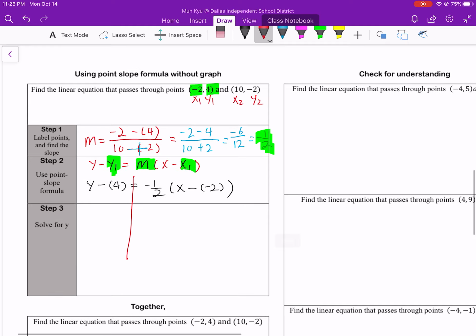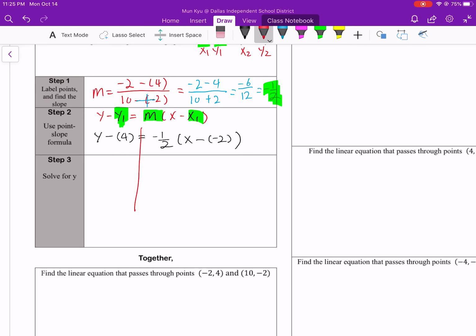And step 3, simple, solve for y. So let's get rid of this parenthesis first. y minus 4 is equal to, because it's positive, -1/2. This negative times negative becomes positive, so it's going to be x plus 2.